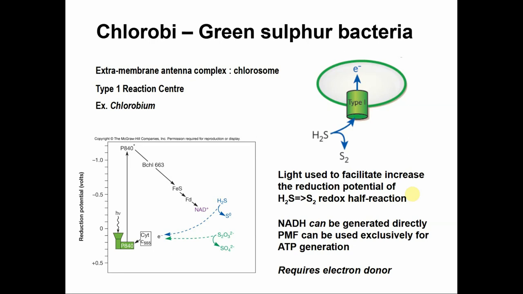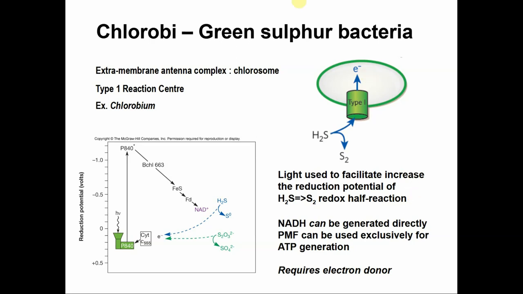So in order for chemolithoautotrophs, sulfur oxidizers, to generate NADH, what they have to do is use up some of the proton gradient that they generate from ATP to push back electrons onto NAD+.